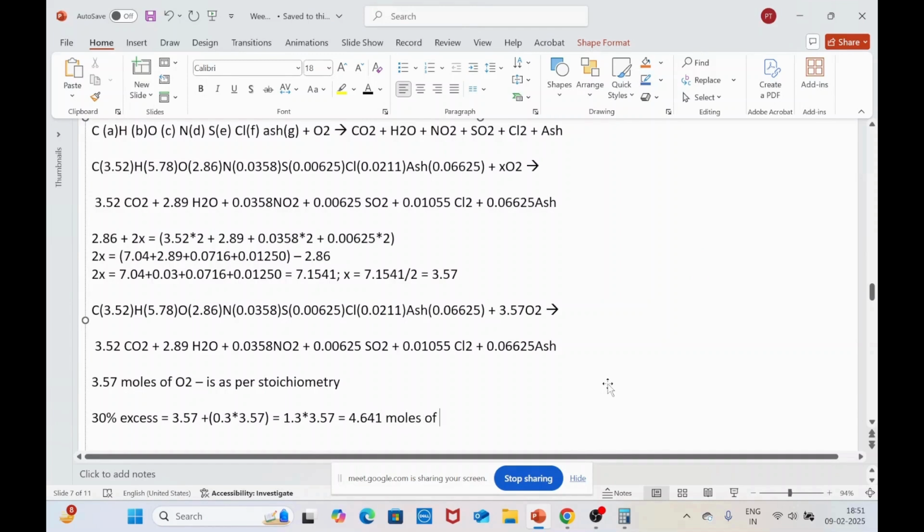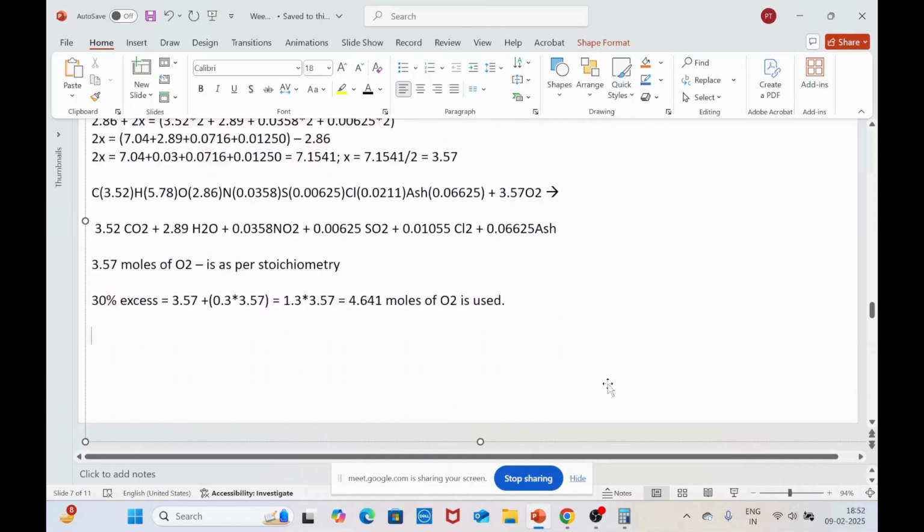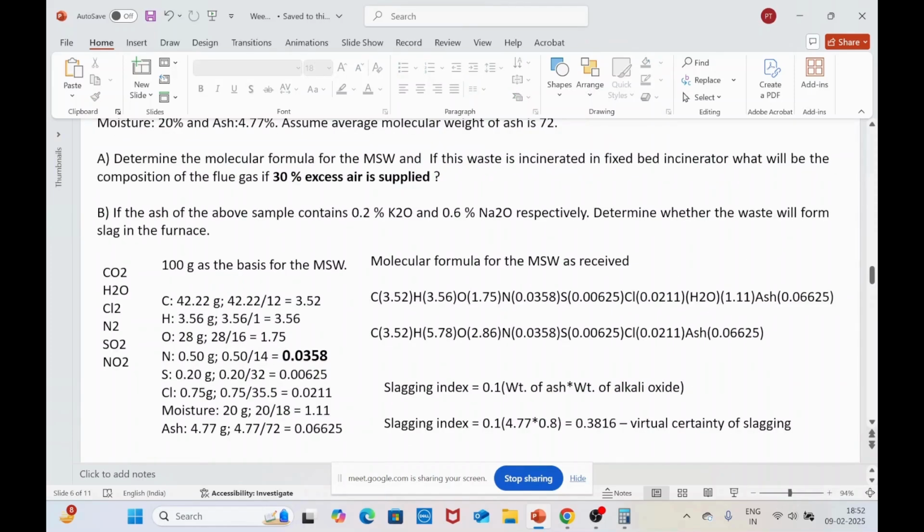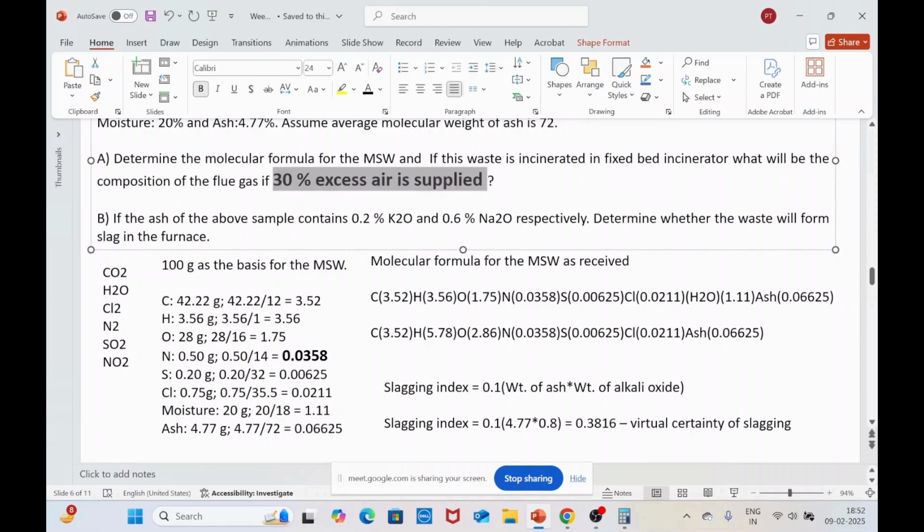Of oxygen is used. But here it's not just going to be oxygen, it is also going to be nitrogen, because it is air and not pure oxygen. I'm going to highlight this again, and make it bigger this time.